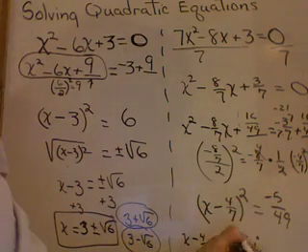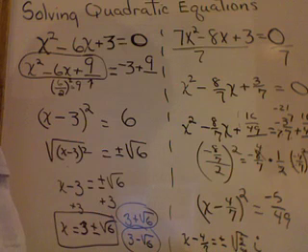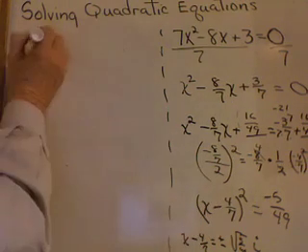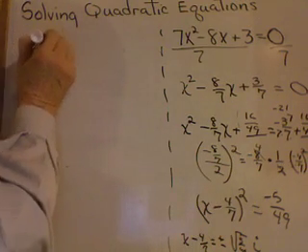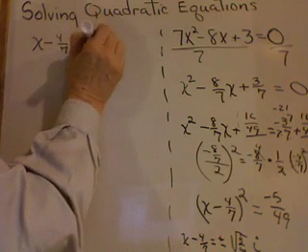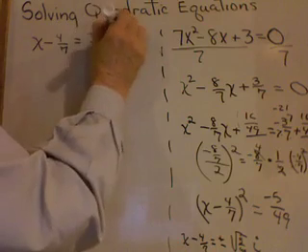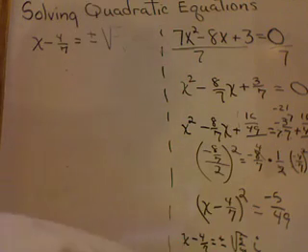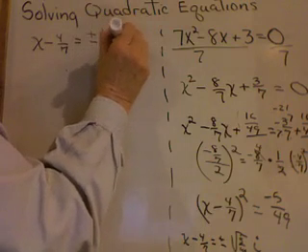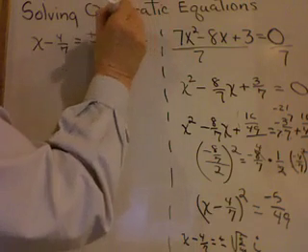And then I'm going to break up the top and the bottom here. Let me copy it up here so I have some more room. So I have x minus 4/7 equals plus or minus the square root of 5 over 49 i.